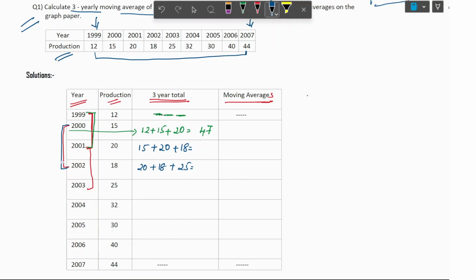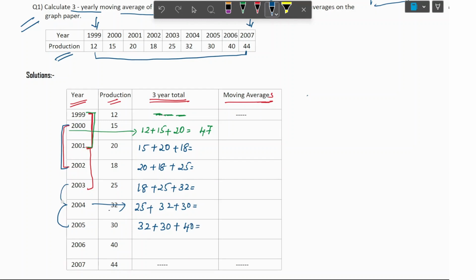Next set, starting from 18, that is 18 plus 25 plus 32. Next, it starts from 25. That means you are comparing 2003, 2004, 2005 and you are writing against 2004. That means 25 plus 32 plus 30. Next, 32 plus 30 plus 40.